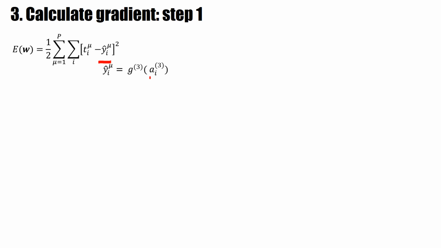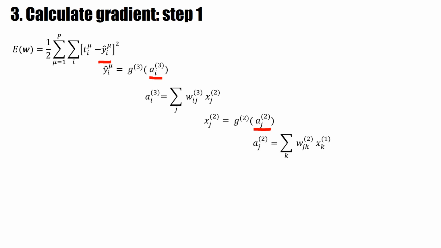But this activation is just the sum over the inputs in the previous layer. These inputs in the previous layer are, again, nonlinear transforms of their activations. And these activations can be written by the inputs coming from layer 1.